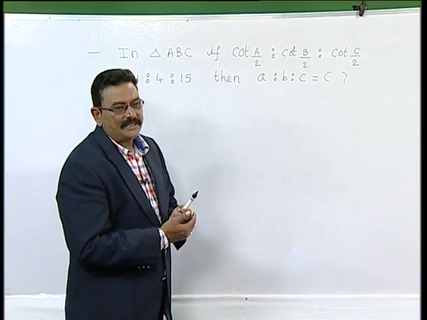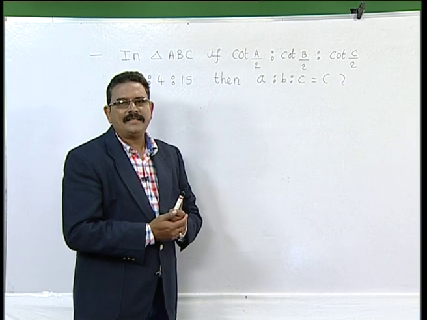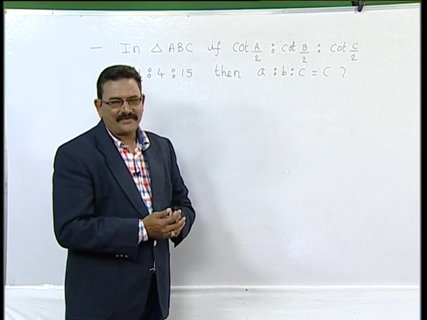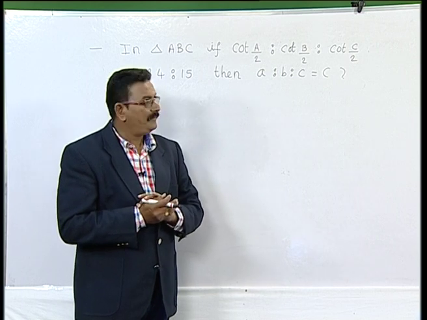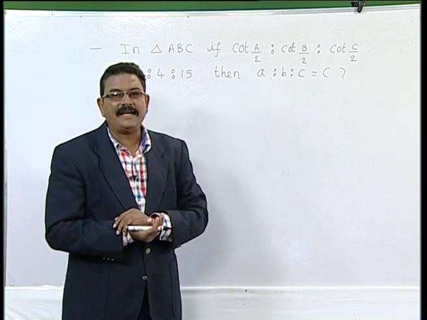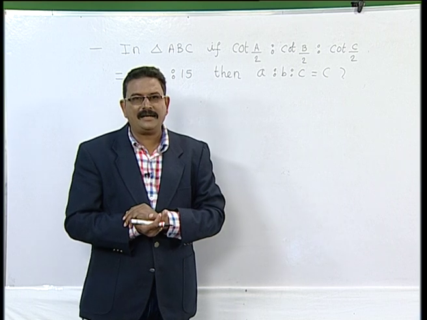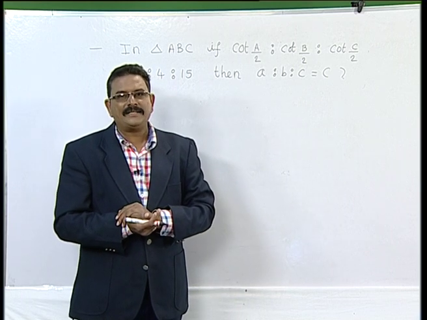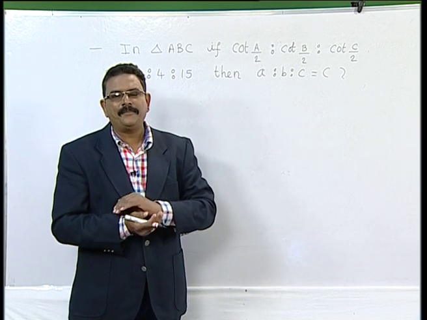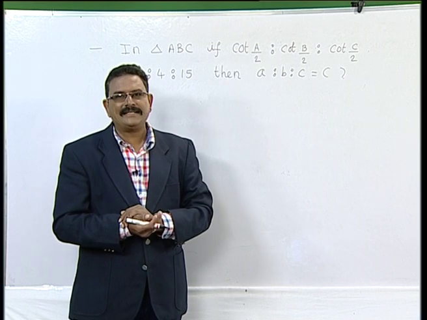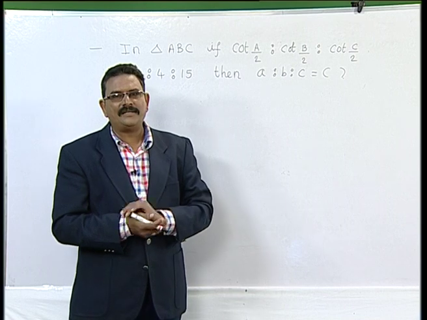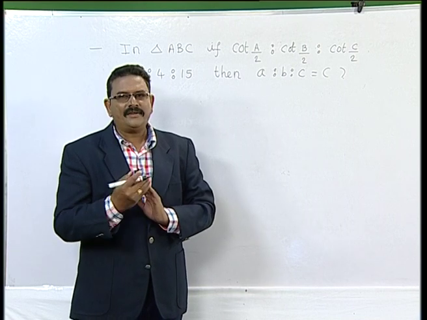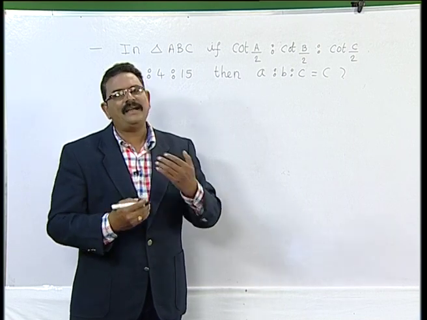So, if you want to find out A is to B is to C, generally what shall we do, the general method here: cot A by 2 is S into S minus A by delta, cot B by 2 is S into S minus B by delta, cot C by 2 is S into S minus C by delta. By writing those values and simplifying, after that we have to find out the values of A, B, C.